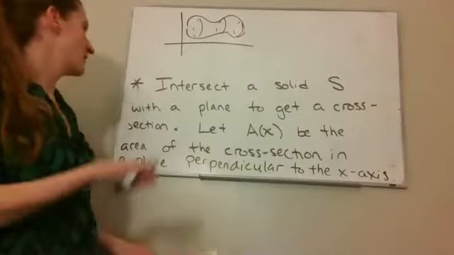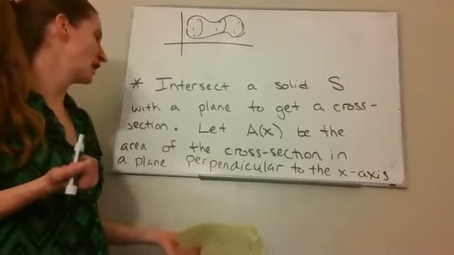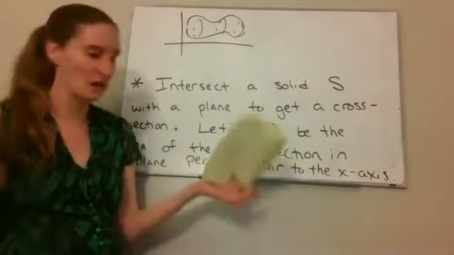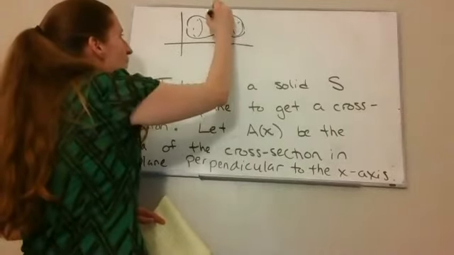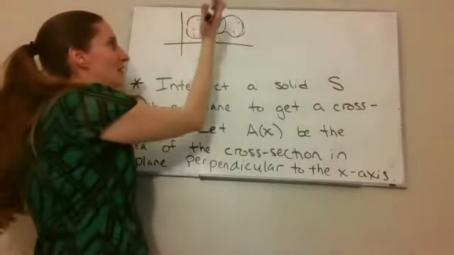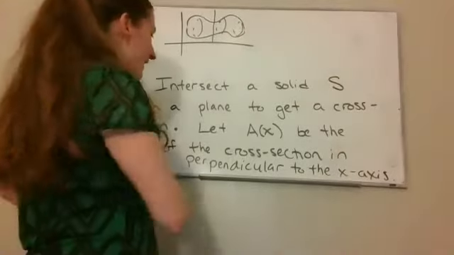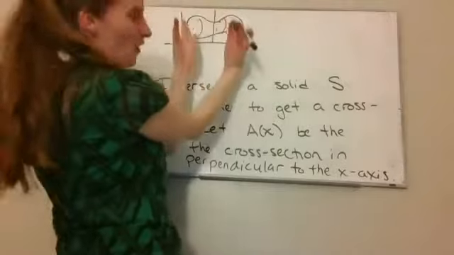When we're saying we're taking a cross-section by intersecting it with a plane, and then we're looking at the cross-section of the plane perpendicular to the x-axis, that's a really fancy way of saying, imagine taking a knife and slicing this like a loaf of bread. We're going to be slicing this blobby homemade loaf of bread, and then finding the area of what would happen when I take a slice and open it up.